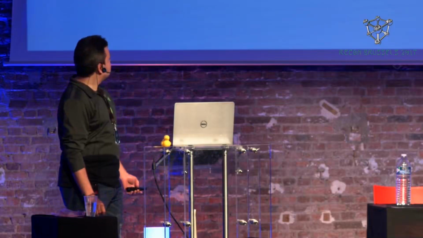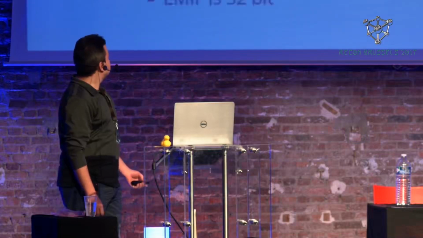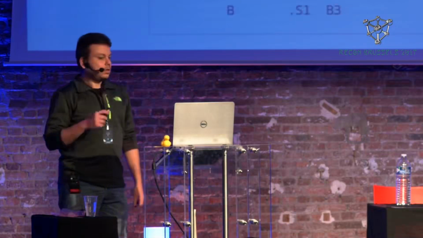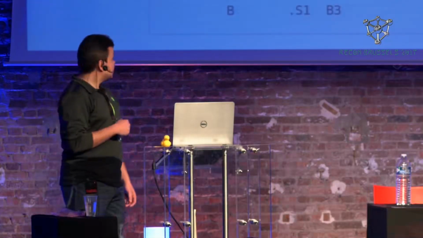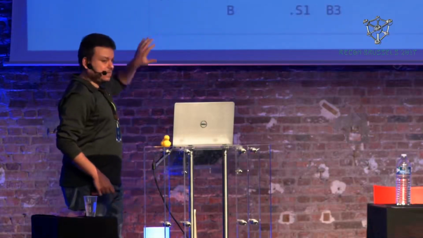So that is why no tools exist. Let me find this slide. That's why no tools exist. This is the jump, as you said. You have code that's like this, and this is a simple jump.